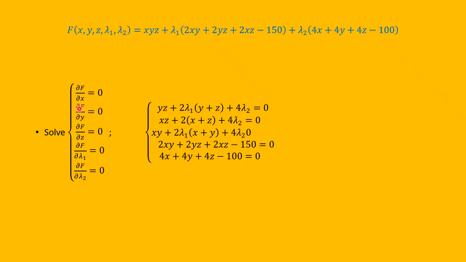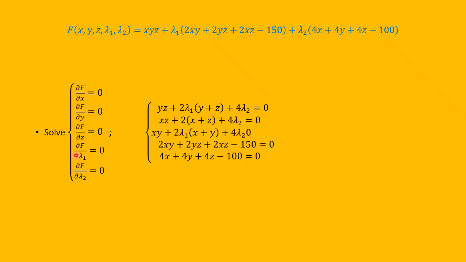Evaluating this second equation, we get xz plus 2 lambda 1 times x plus z plus 4 lambda 2 equals 0. Looking at this third equation, differentiating with respect to z, we get xy plus 2 lambda 1 times x plus y plus 4 lambda 2 equals 0.